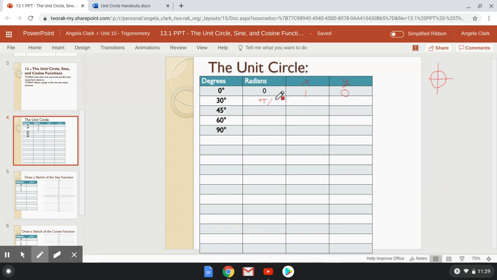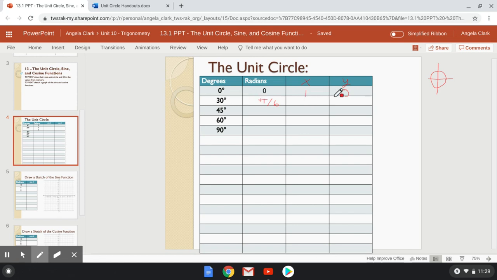So pi over 6. This is pi over 6. So again, excuse my handwriting. So if you did 18 divided by 3, that is 6. So that's where that comes from. Or, like I said, multiplying by pi over 180.